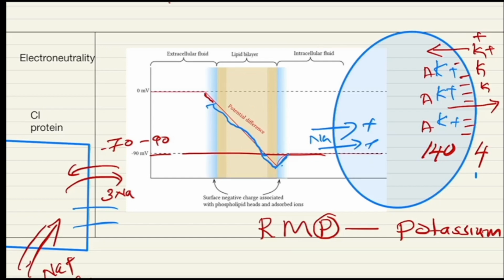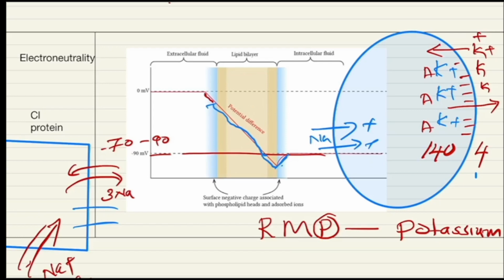So, in short, the resting membrane potential is produced due to differing concentrations of sodium and potassium. These are the major ions. The first cause is the sodium potassium pump that pumps 3 sodium outside and 2 potassium inside, which produces a minor reduction in the voltage. Then comes the leaky potassium channel.